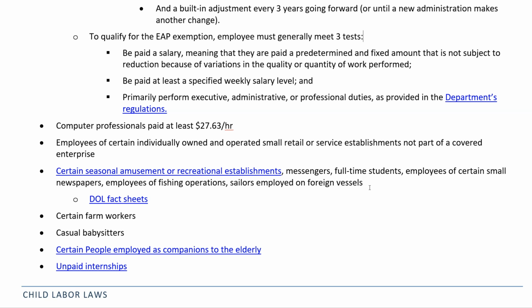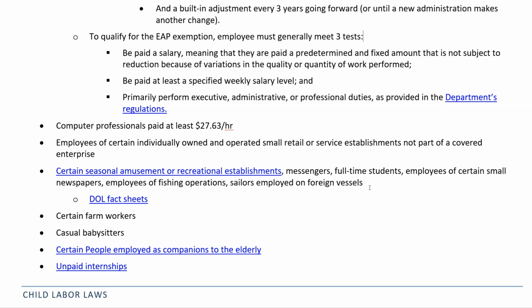And if you have enough money to get enough lobbyists to carve out an exception for your business, then here you go. We have all these exemptions here. Also exempted are certain farm workers. Again, you'd have to learn more. Casual babysitters, certain people employed as companions to the elderly.